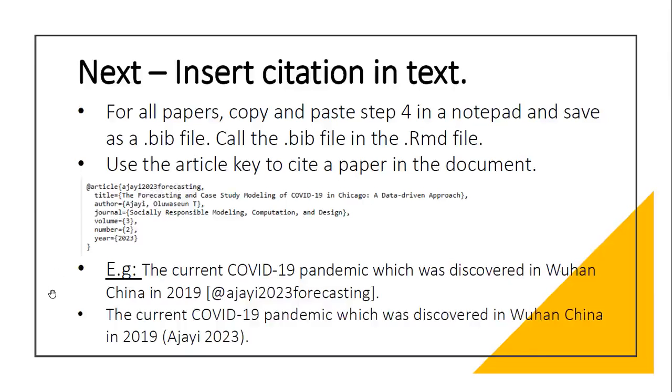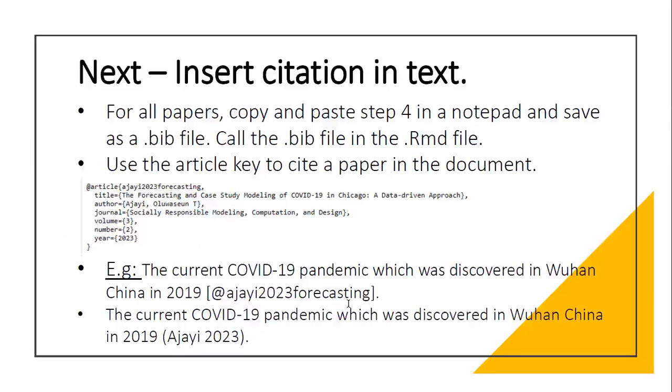So when I'm writing the report, let's say the sentence I'm writing is the current COVID-19 pandemic, which was discovered in Wuhan, China in 2019. And then I have to put the source of that information, which is the paper I got the information from. So to cite the source, I will just put the key or the ID of the bib text of the paper, which is Ajayi 2023 forecasting.